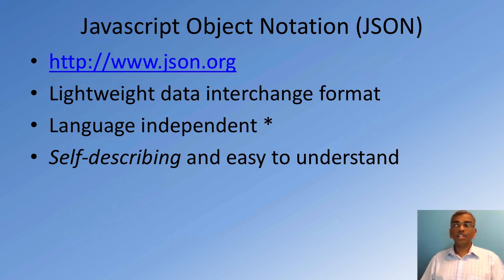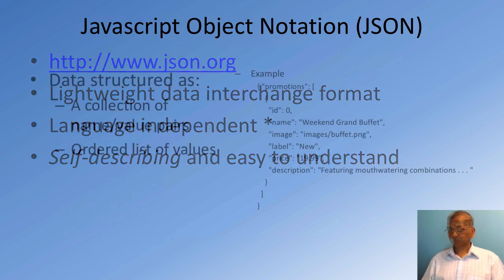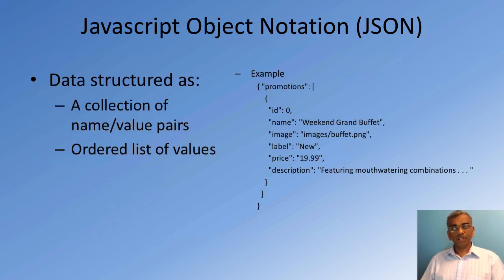The JSON notation is what we call a self-describing and very easy to understand notation. In the JavaScript Object Notation format, the data is structured in a very clean, specified manner. This is structured as a collection of name-value pairs, and this is structured as an ordered list of values. You can see an example of this on the right-hand side here.